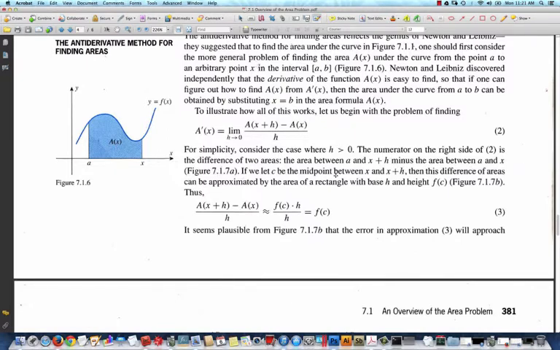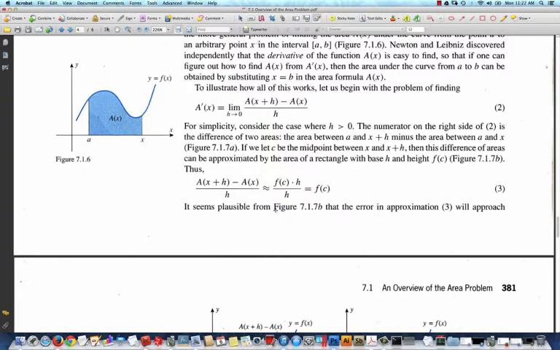If we let c be the midpoint between x and x plus h, then this difference of areas can be approximated by the area of the rectangle with base h and height f of c. Thus, A of x plus h minus A of x all over h can be approximated as f of c times h over h, which is just f of c.